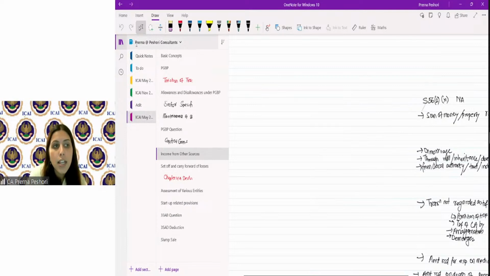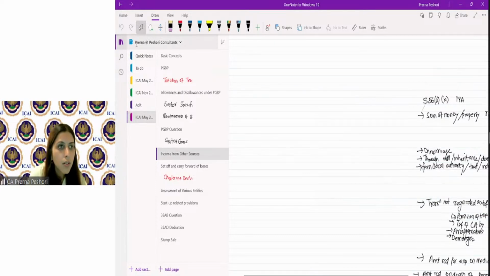So 56(2)(10) will not be applicable if the trust has been created for the benefit of the relative. Are we clear? So you can write down, neither the capital gains will be applicable over here, nor at the same time 56(2)(10) will be applicable.